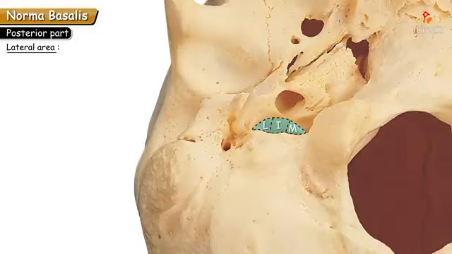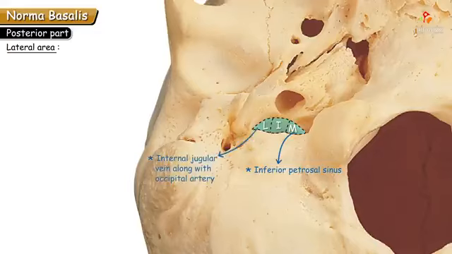Structures passing through the medial compartment include the inferior petrosal sinus, which is a dural venous sinus. Looking at the lateral compartment, the structure passing through is the internal jugular vein, an important one.